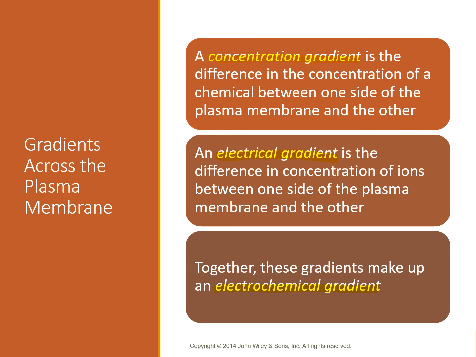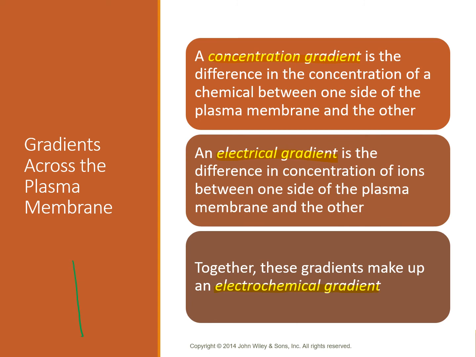Typically, a substance will want to move down its concentration gradient, or move from places of higher concentration to lower concentration. So say, for example, we have this membrane. This is going to be a pretty permeable membrane.